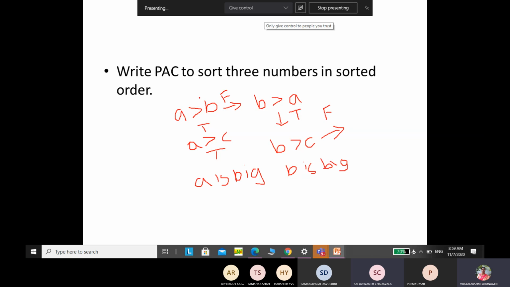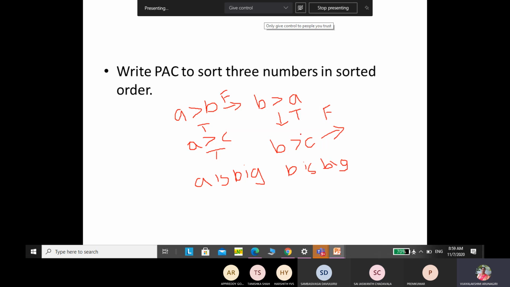That means B is greater than A, then I check B against C, and it is false, so C is greater than B. That is the meaning, no? Clear now? Clear or not?